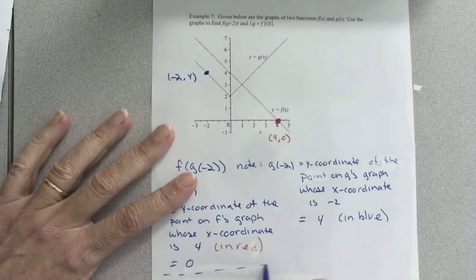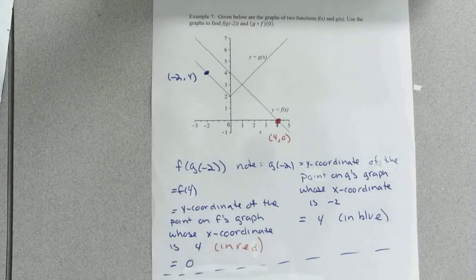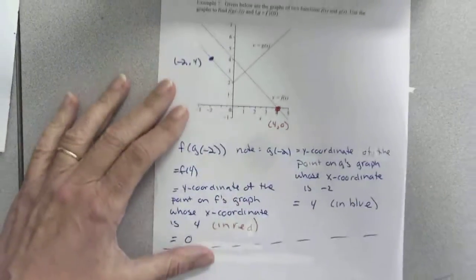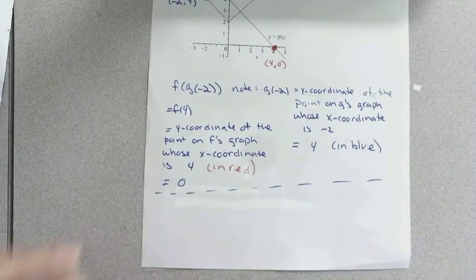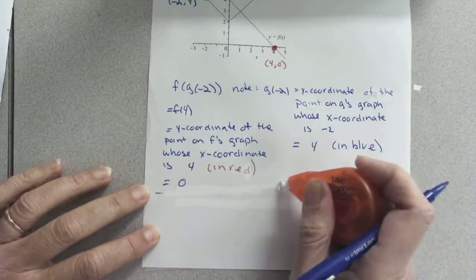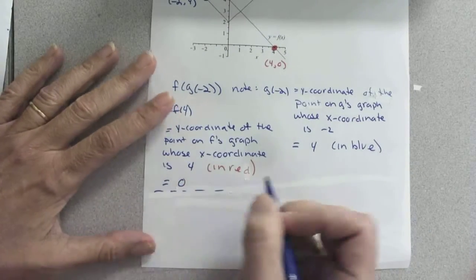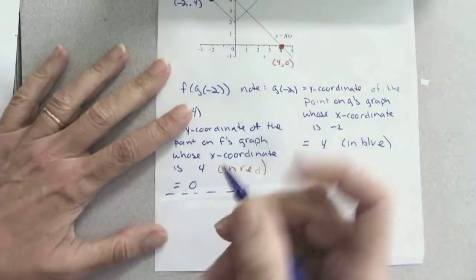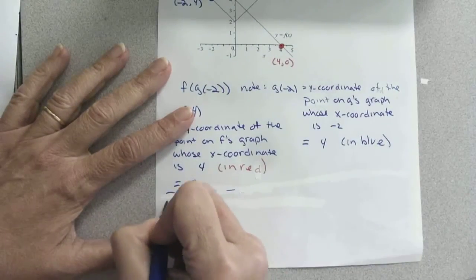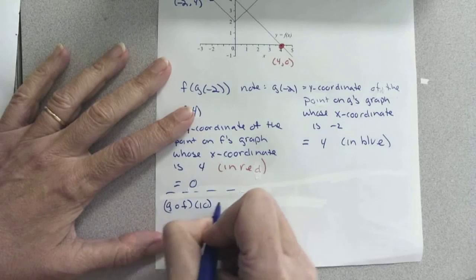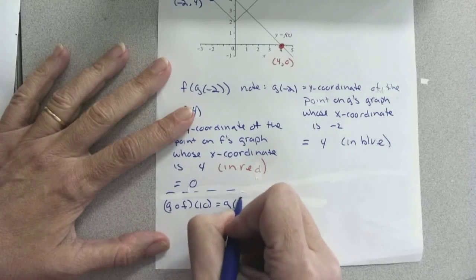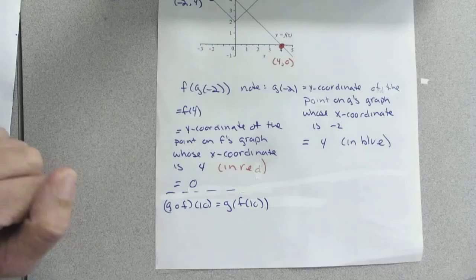Same thing on the next one. What are we supposed to do here? g of f of 10. So rewrite it in its nested format.